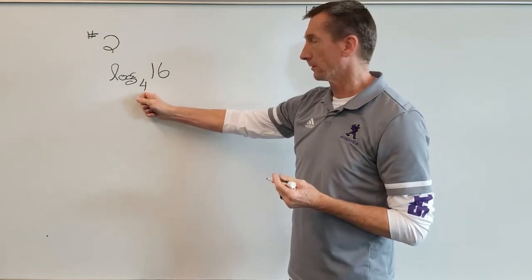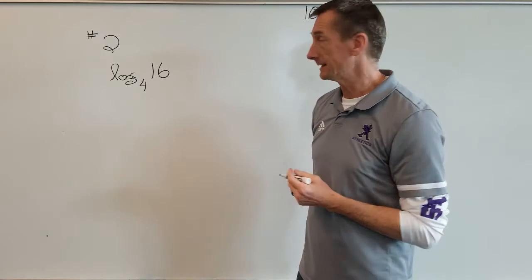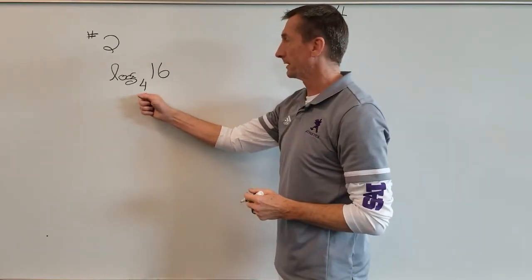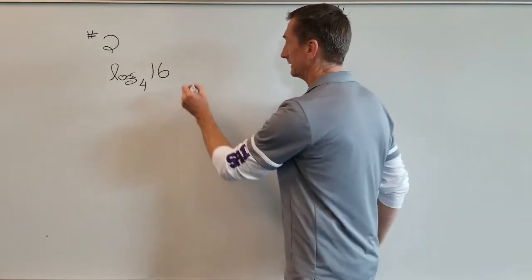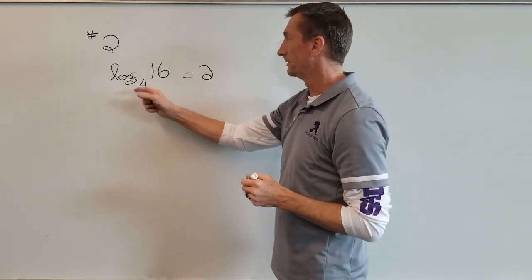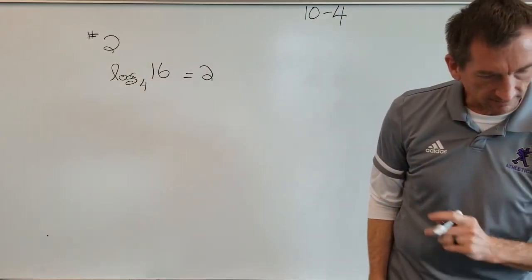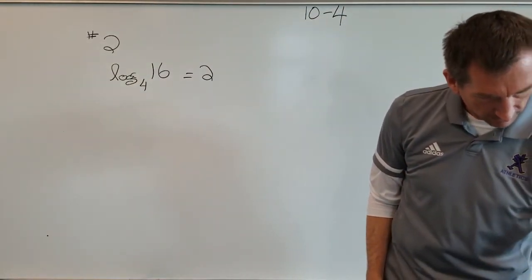What power do I raise 4 to in order to equal 16? So it's 4 raised to what power is 16? And I know the answer, and that's 2. 4 squared is 16. So I can work that quite easily. That's a very simple one. Let's look at another one here.